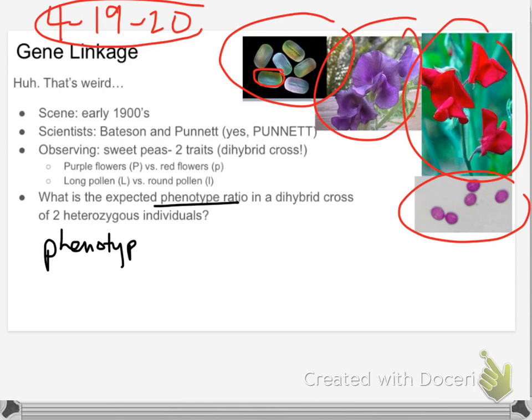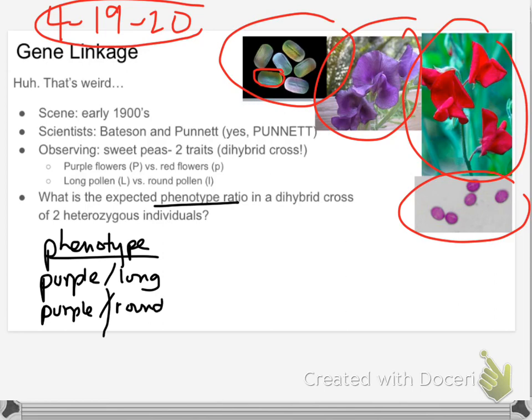what are the possible phenotype combinations in a dihybrid cross here? Well, I'm glad you asked. We could get purple flowers with long pollen, right? Dominant. We could get purple flowers and round pollen.